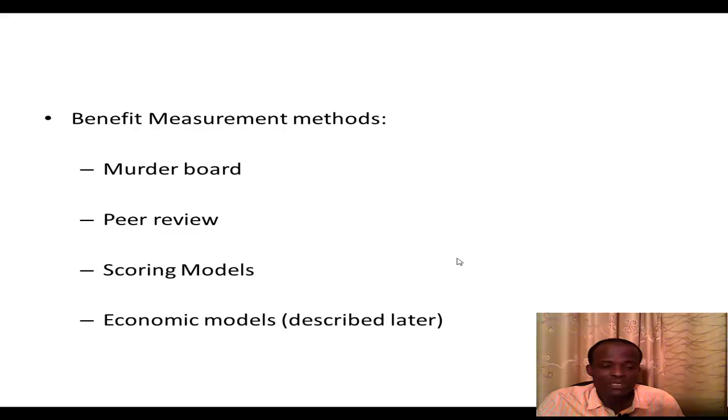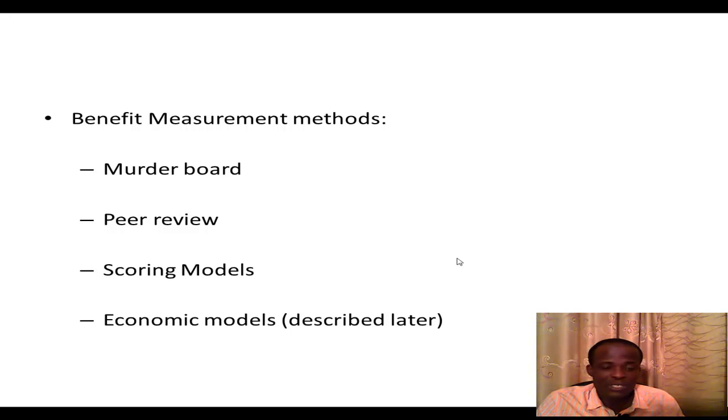Then we have scoring models. In scoring models, projects are scored based on whatever performance targets or objectives are set for them.